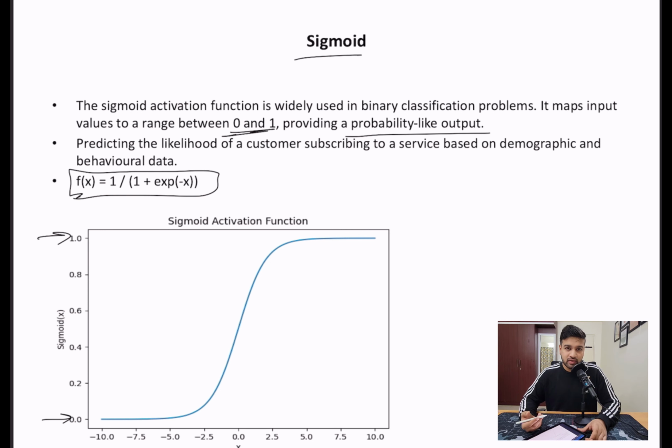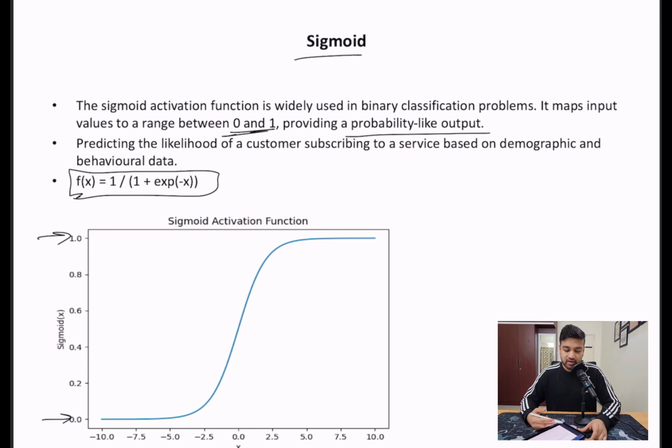And what is between 0 and 1? Probabilities. So this is basically mapping your input to a probability, and that is why in problem statements where you need probability-like outputs, the sigmoid function is a very good choice to use, right? For example, predicting the likelihood of a customer subscribing to a service based on demographic or behavioral data.